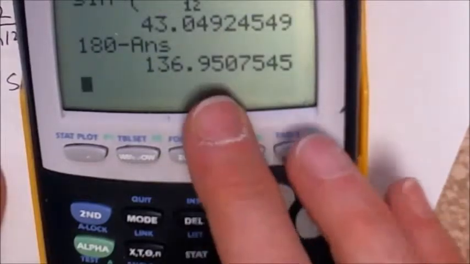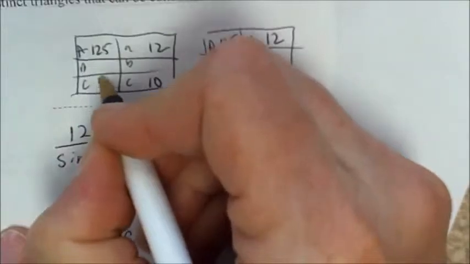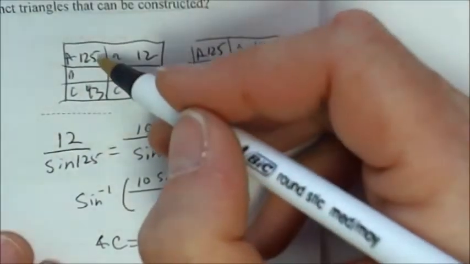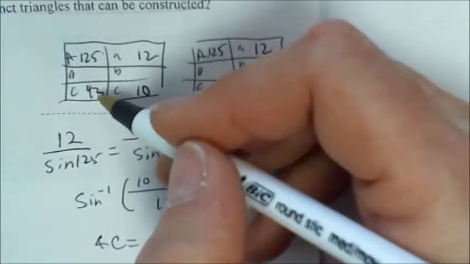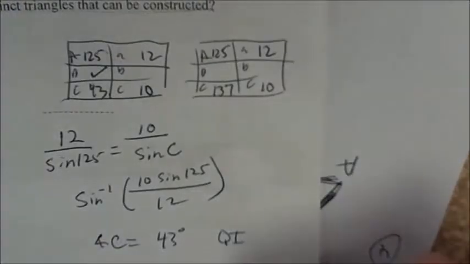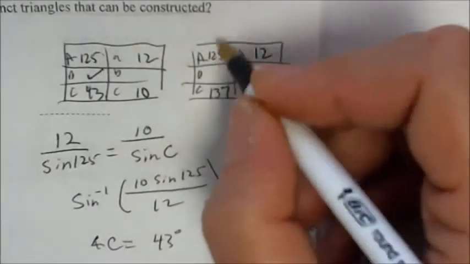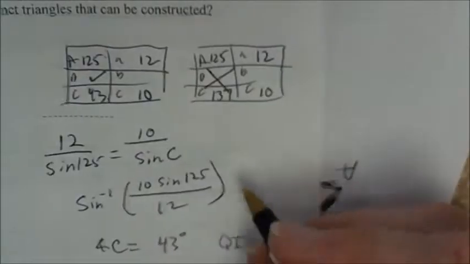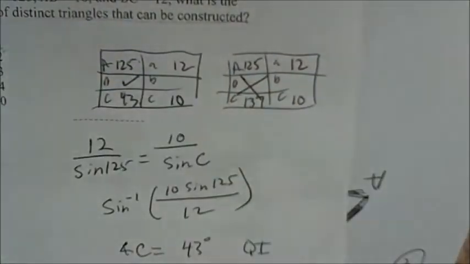So that's 137 degrees. So we're going to put a 43 here, 137 here. And when you add up 125 plus 43, you get 168. So there's not enough room for an angle B here, but when you add those two up, you get more than 180, so you can't create a triangle there. So the answer is just one triangle.